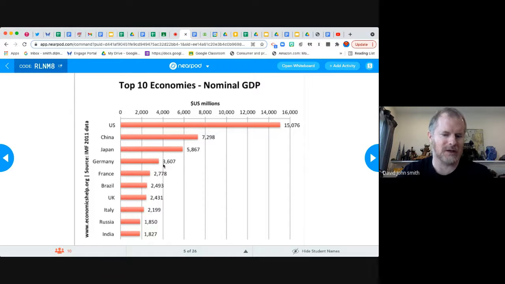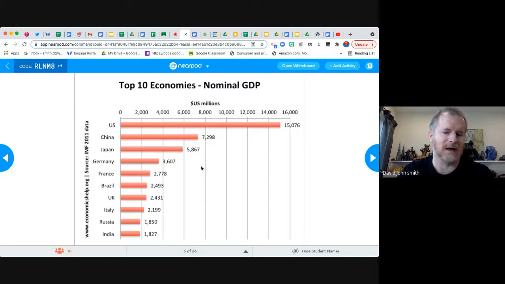You could go further down the list and make a comparison between, say, France and Brazil and say that their economies seem to be quite close, but Brazil and the UK even closer. And then further down the list, you'll see Russia and India are very close as well. So that's the sort of analysis that you can do. You can talk about the size difference, you can talk about the actual numbers, and make those sorts of comparisons.